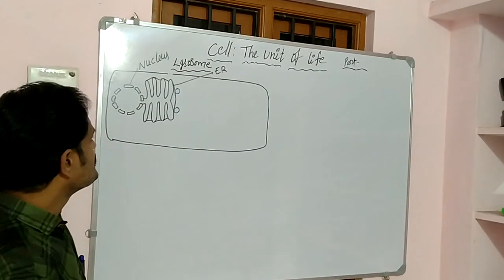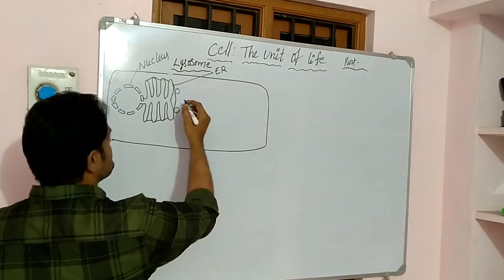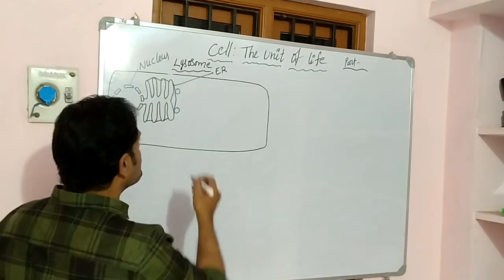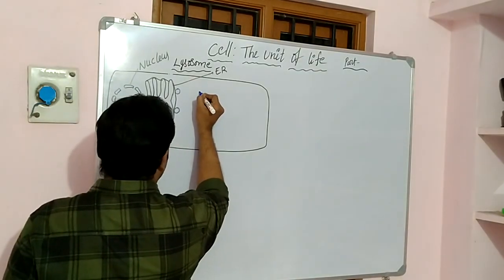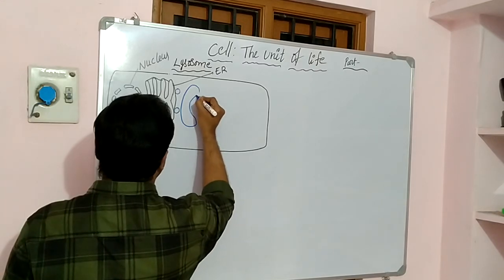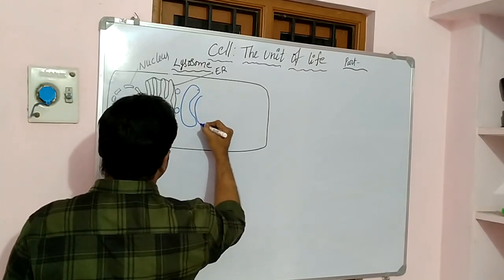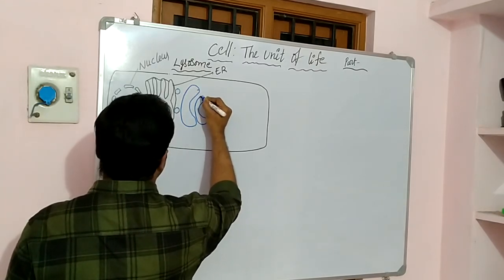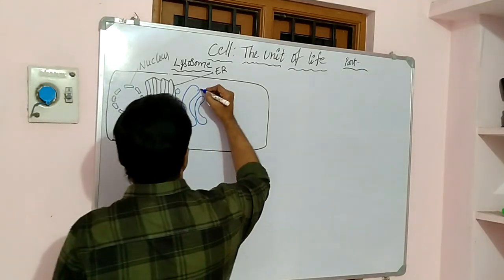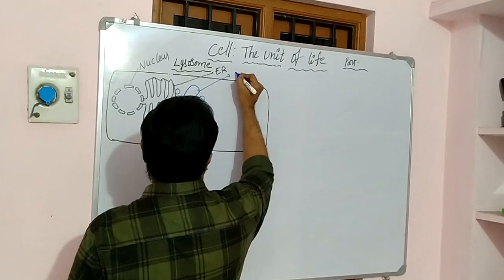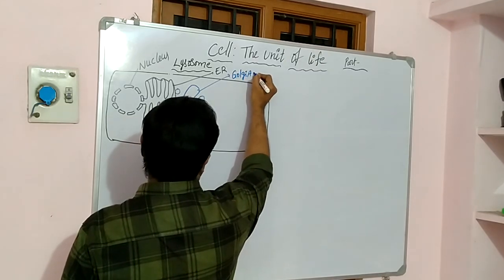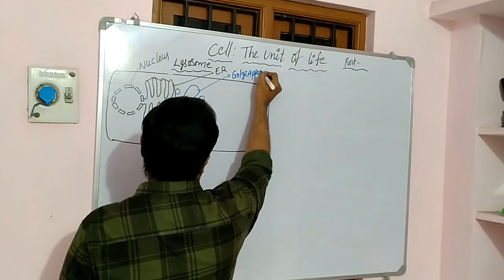So these vesicles which are coming from the endoplasmic reticulum are attached to one more cell organelle here. So what is the name of this cell organelle? This is called Golgi apparatus.